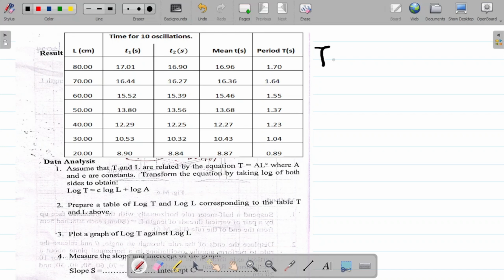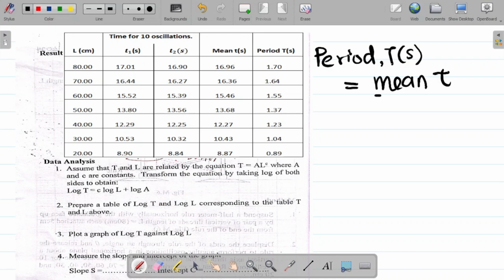Next up, let's look at your period T. The period capital T would be equal to the mean T divided by the number of oscillations. If I look at this, it says 10 oscillations here. That means I'll divide it by 10.